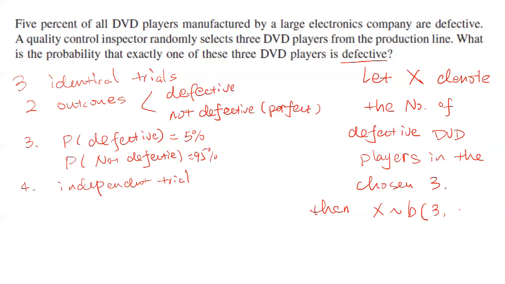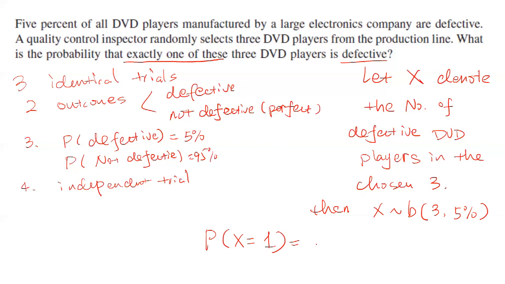So here the probability should be the probability of being defective. It is always 5%, right? So here it actually asks you to find the probability of X being 1, because it says exactly 1 of these. So we are going to calculate the probability of X being 1.